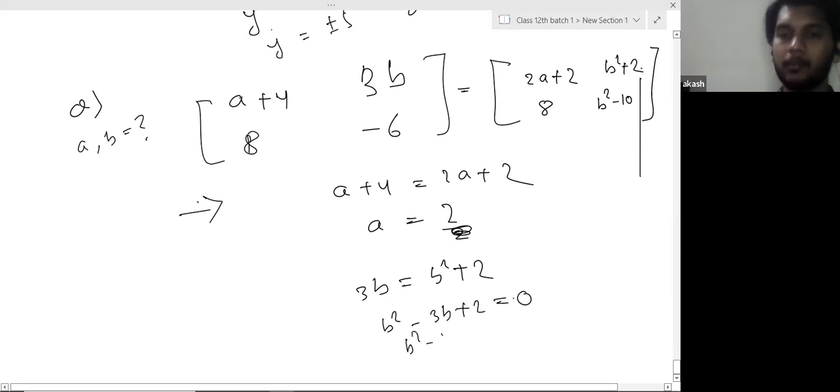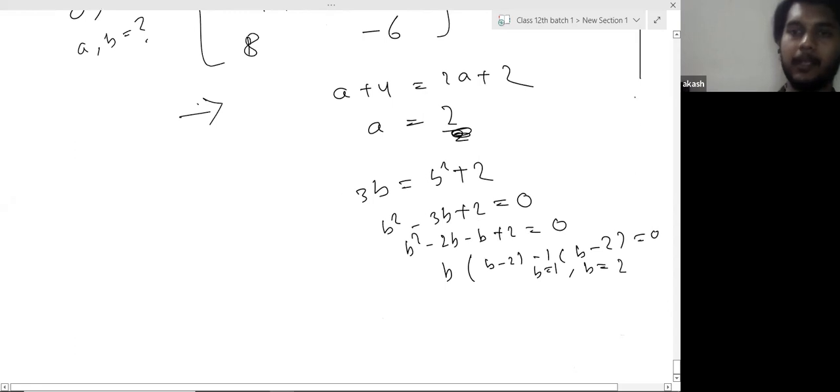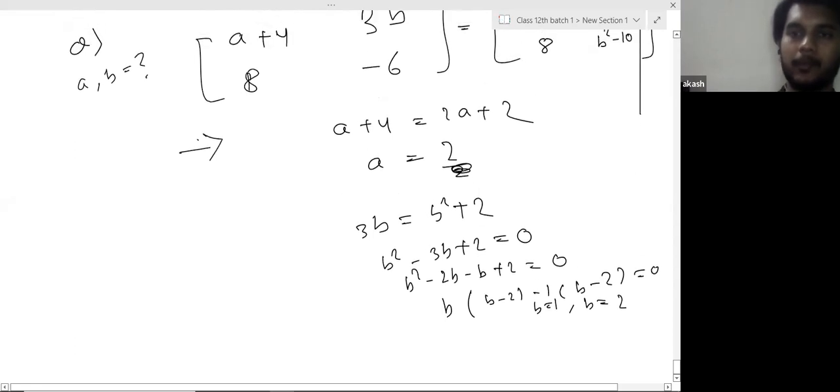So b square minus 2b minus b plus 2 is equal to 0. Taking b common, b minus 2 into b minus 1 is 0. So either b is 1 or b is 2 from the first equation.